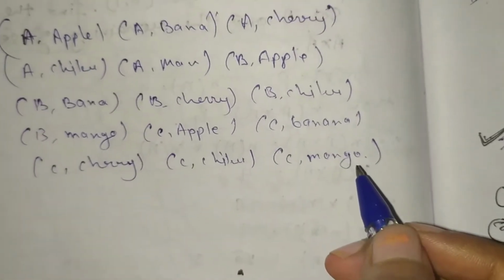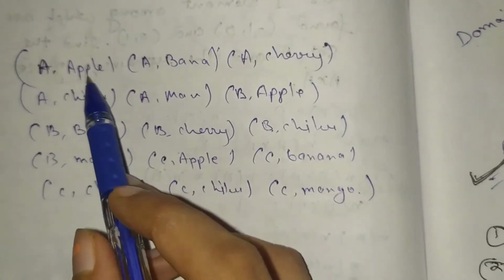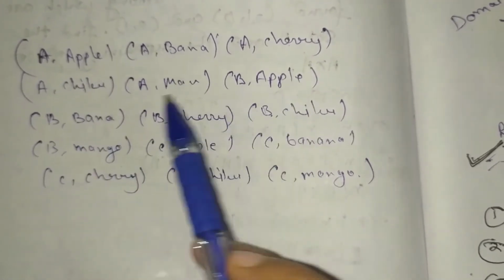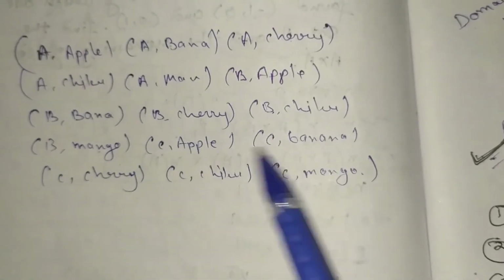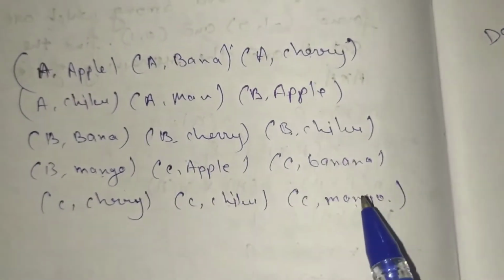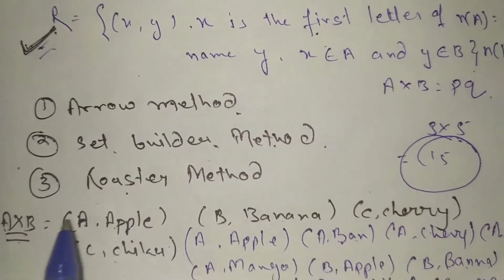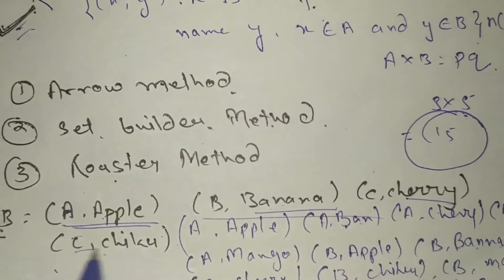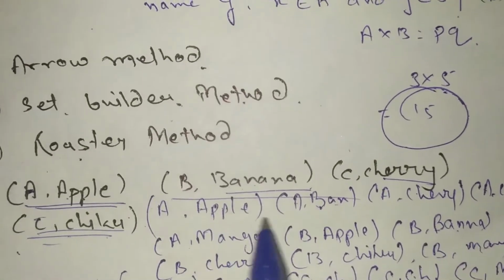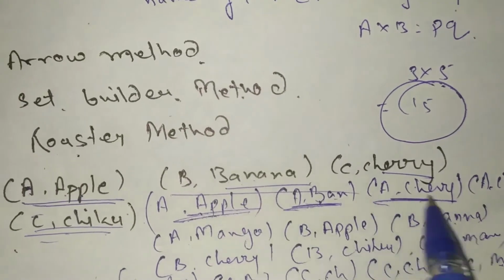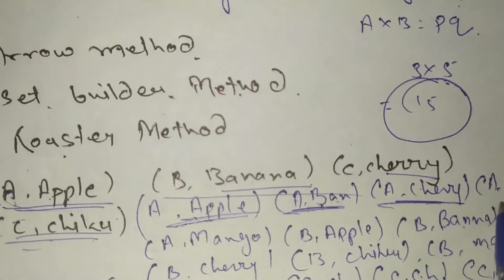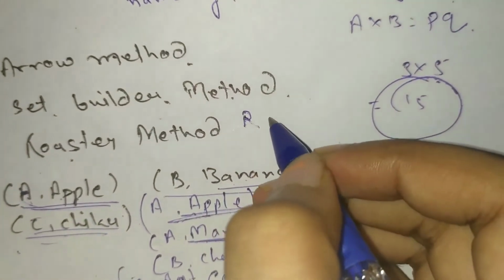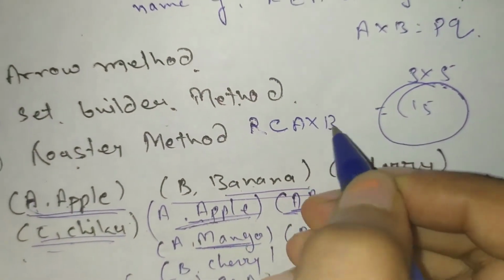So here you can see that there are a total of 15 products, that is 1 2 3 4 5 6 7 8 9 10 11 12 13 14 15. Now if you check, you will see that these 4 relations are also in this Cartesian product, that is, these 4 are in these 15. So we can say that relation is a subset of A into B.